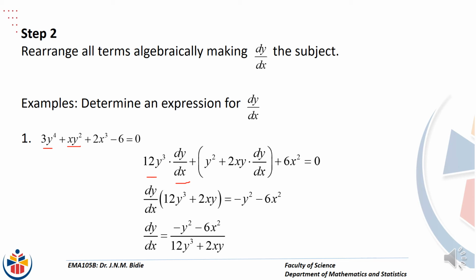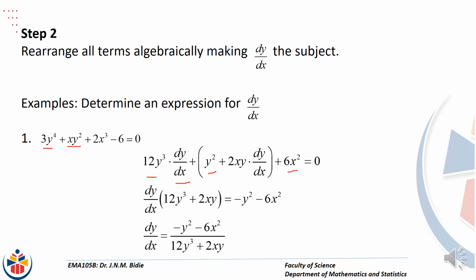That gives us 1 times y squared, plus x times the derivative of y squared, which is 2y times dy over dx, plus the derivative of 2x cubed, which is 6x squared, equal to the derivative of 0, which is 0. So we start with the first thing, differentiate each term with respect to x.